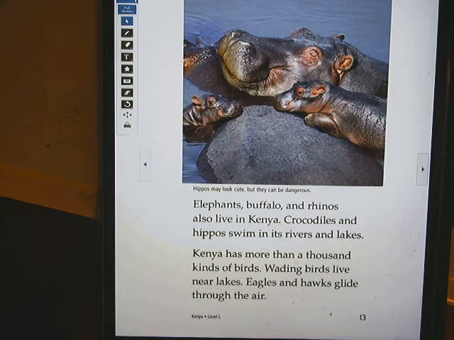And then we have another word there, and that word is glide. What does glide mean? Does anybody remember when we studied the word glide earlier this year? It's in this sentence: eagles and hawks glide through the air.